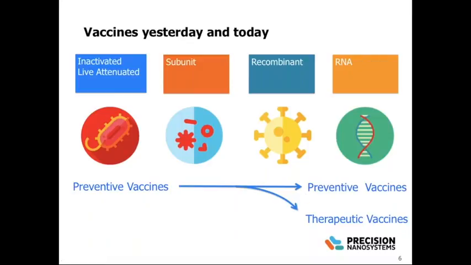So here we administer a vaccine or vaccine agent before a disease occurs. But now we also have learned how to exploit and modulate our immune system with therapeutic vaccines. And these vaccines are administered when a disease is already occurring or existing in our body. And this is, for example, the case for cancer and HIV.